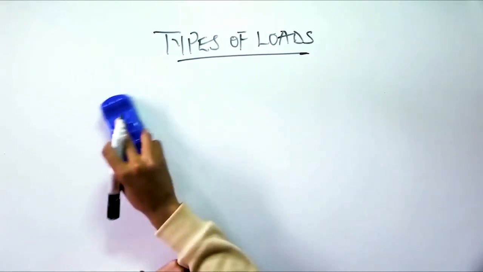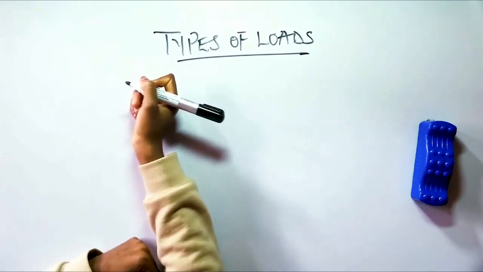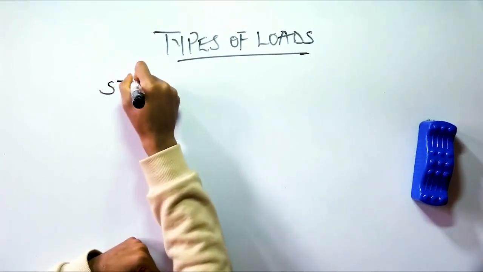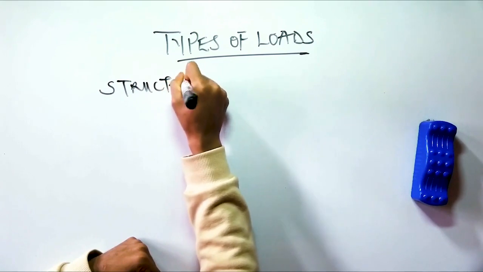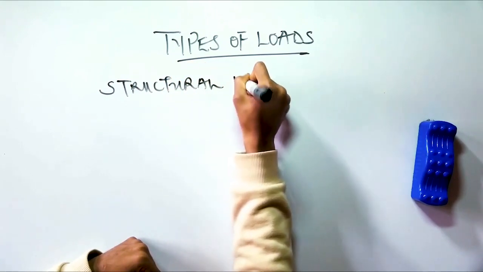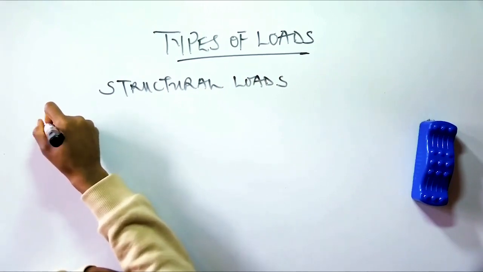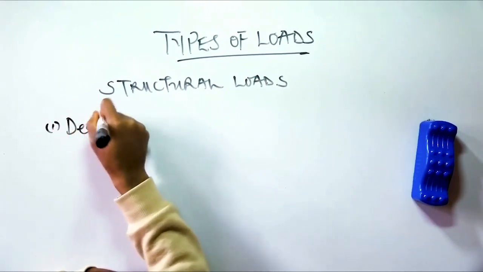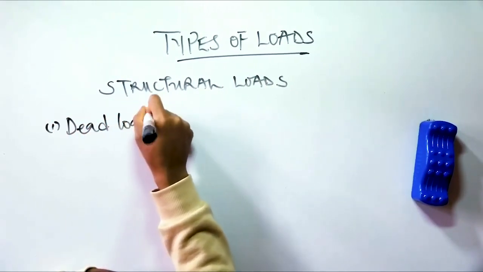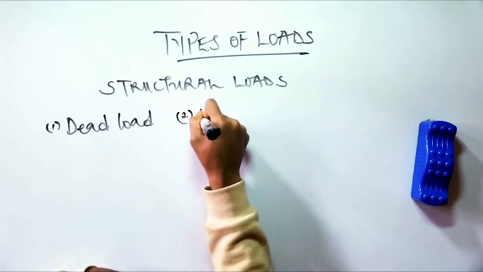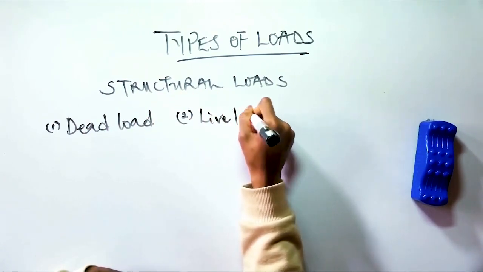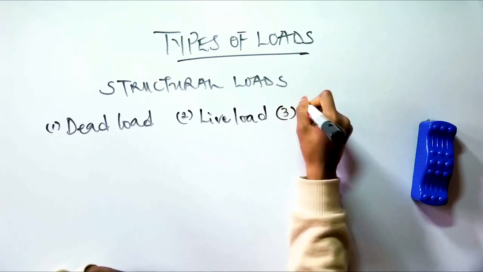That brings us to the topic for today: types of loads that act commonly in civil engineering structures and how they are classified. First, we're going to look at our structural loads. Under structural loads, we have so many loads, but the most important loads are dead load, live load, and environmental loads.